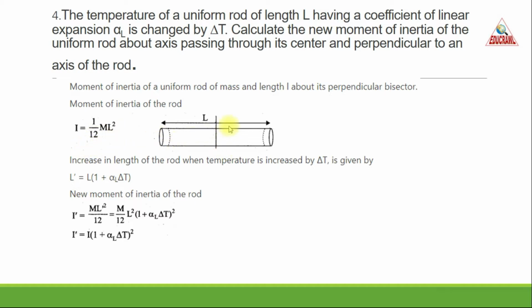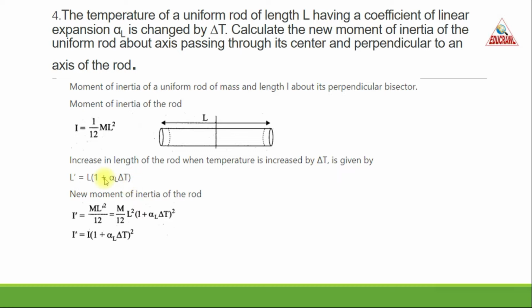Now the length is increasing. So increase in length of the rod when the temperature is increased by del T is given by the formula for new length: L dash is equal to L into 1 plus alpha L into del T, where alpha L is the coefficient of linear expansion. Now this expression is the expression for new length.